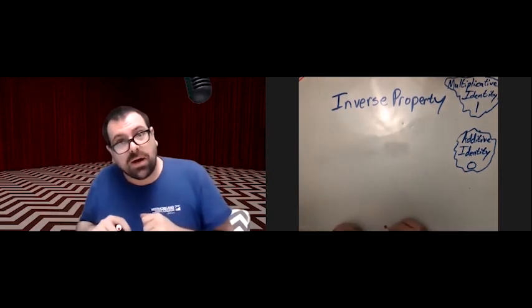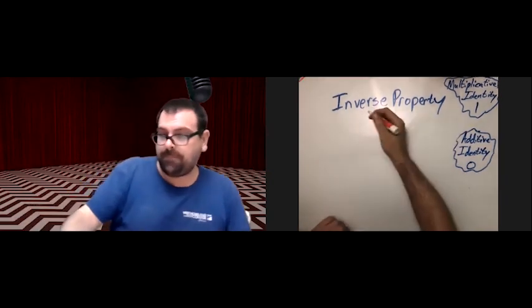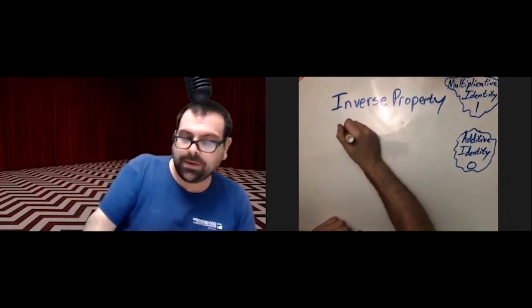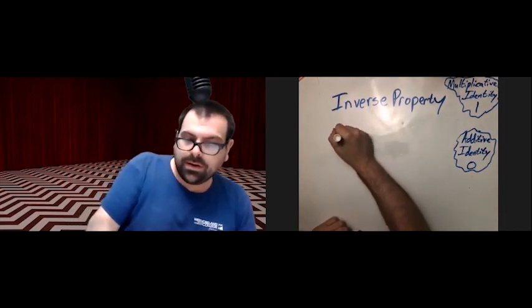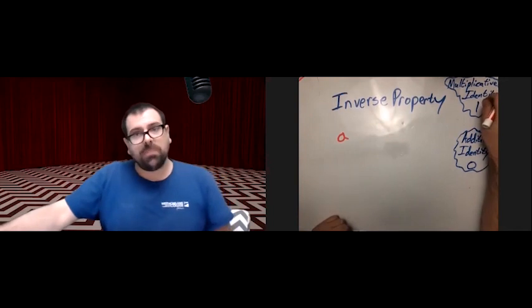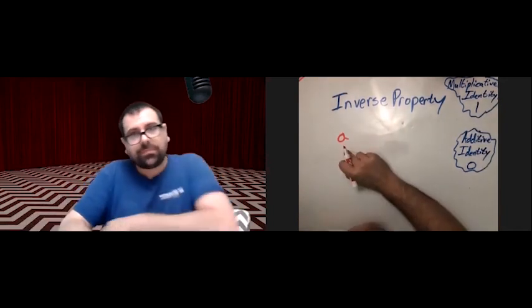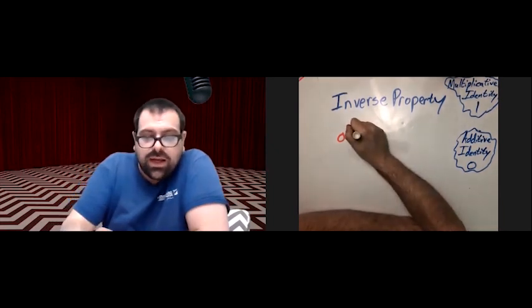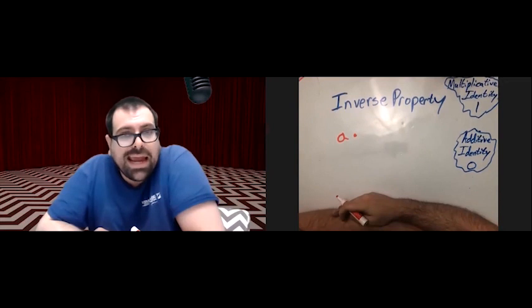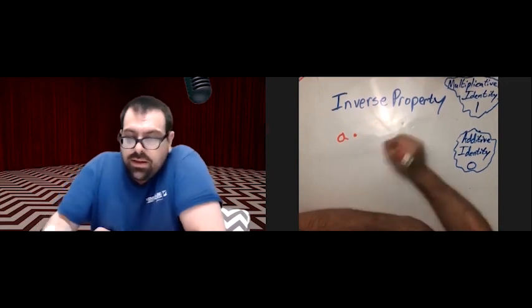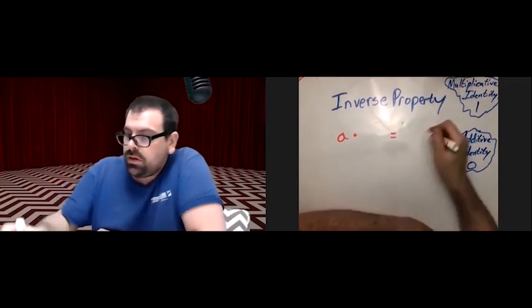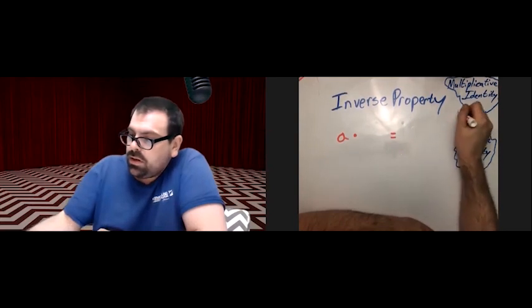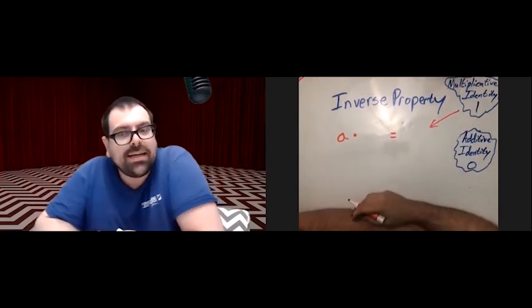The inverse property. Let's do multiplication first. Let's find the number that we can multiply by anything that will equal the identity.